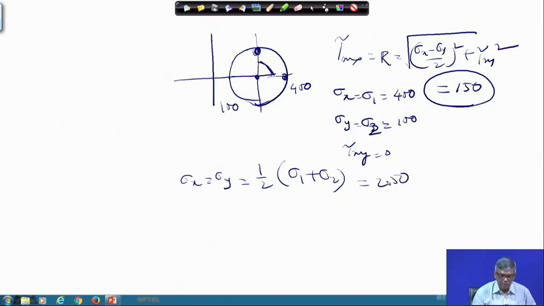So, that means the orientation of the plane, as I have told you, is 45 degrees. This is the x direction. Suppose I imagine a 45 degree direction, and now I can draw the plane.